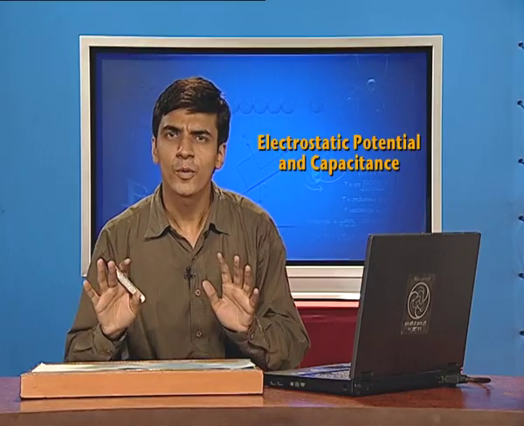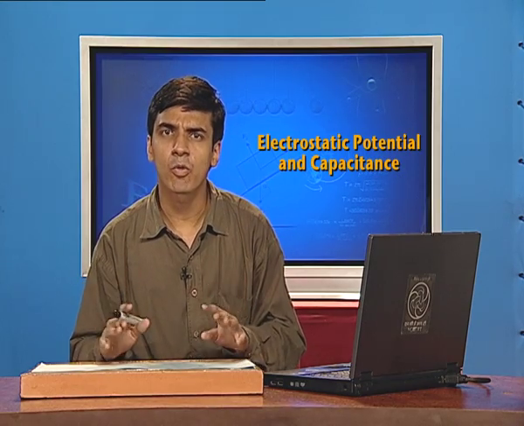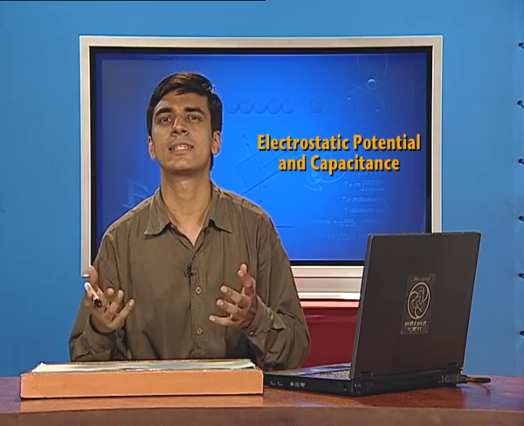So what will happen is that the force will be positive, and the 1 by r square will give you minus 1 by r, but due to the direction vector we will get a minus, and still the potential will remain positive.